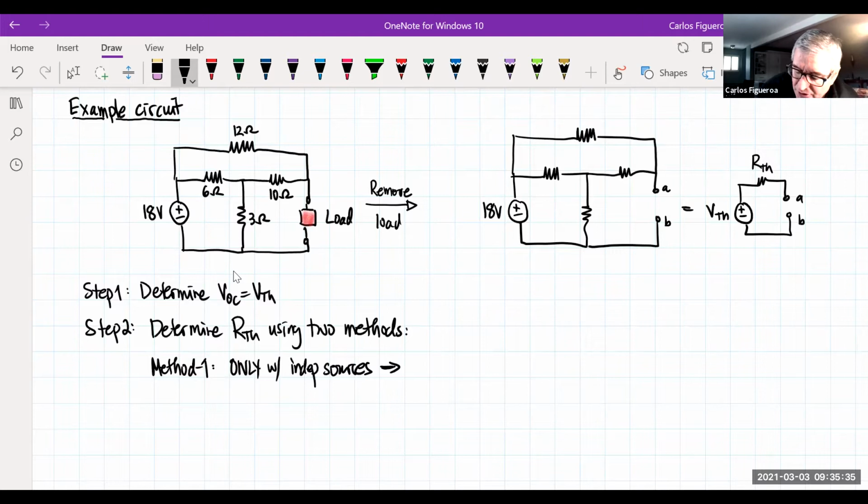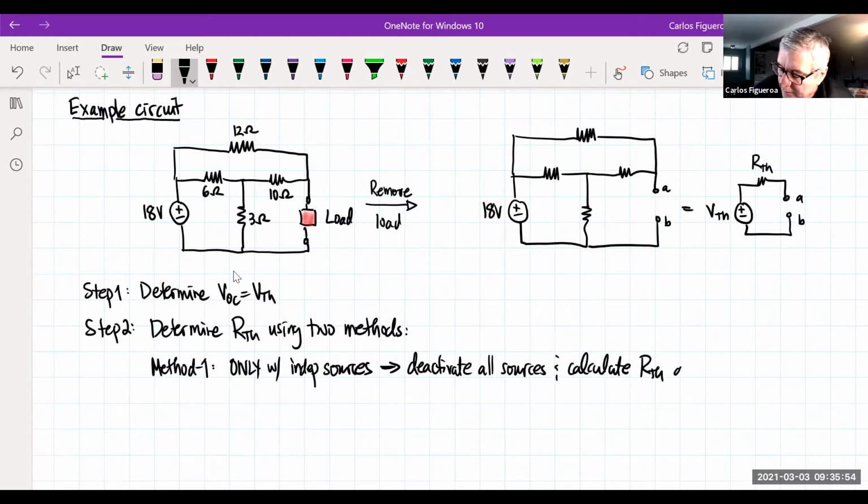And what this tells you here is it says deactivate all sources and calculate our Thevenin at the open.